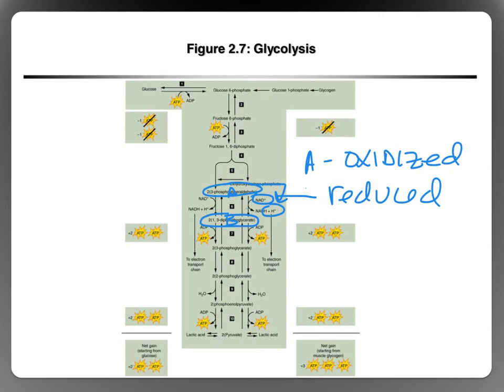The result is substrate B. And now that NAD can carry those hydrogens and electrons off to the electron transport chain. Okay. And remember that this happens twice. We've got a 2 here, because this glucose 6-phosphate divides into 2 3-phosphoglyceraldehydes. So this happens twice. We get 2 NADs that go off to electron transport chain.